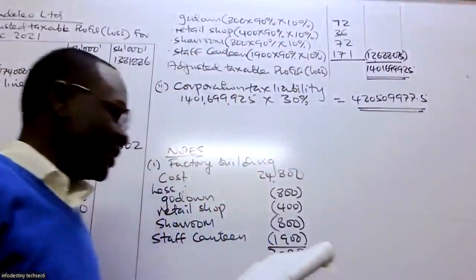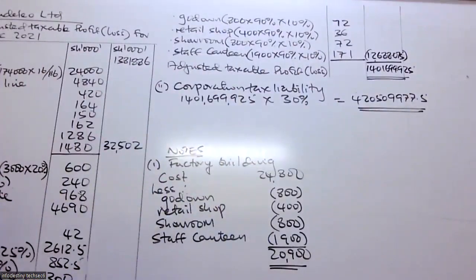There are no withholding taxes, and then compute any other tax payable by the company.